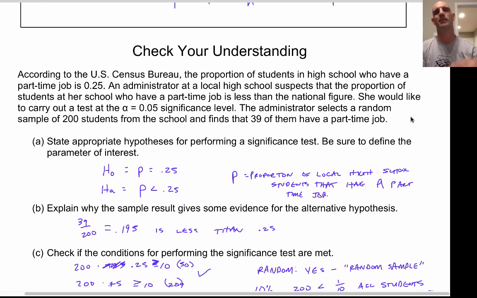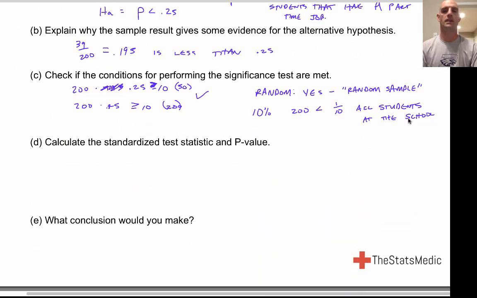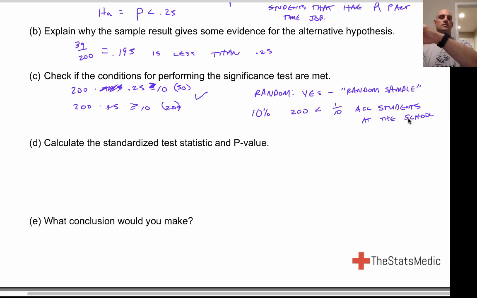Unless they're pretty specific, the 10% condition is probably going to be met in this case. They're setting us up to be able to do this, not setting it up the other way. They didn't give us a number for the high school, and typically they'll give you a number, and it won't be less than 10%. But in this case, we don't have an idea of what it is, so we're going to say that 200 is less than 10% of all students in the school.